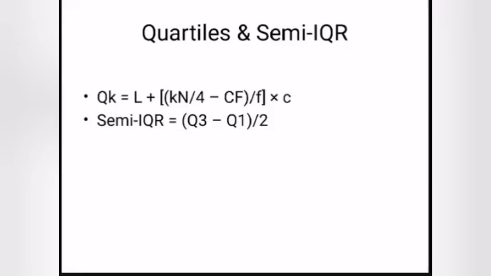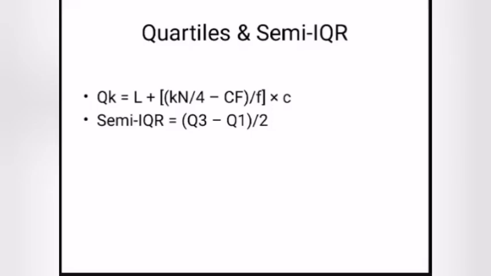And for you to find the quartile, say we are looking for the second quartile, that's Q2. To find the class that bears the second quartile, you would just do Kn over 4. So Kn over 4, that is going to be 2 times, for instance, you have the data set of 10.